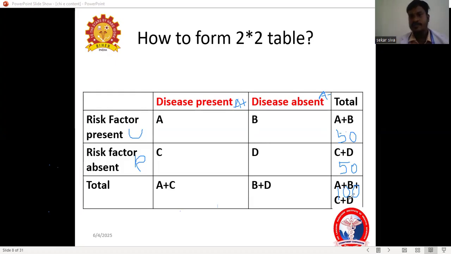In the total population, 60 were anemic. So A plus C is 60. 60 numbers were anemic.